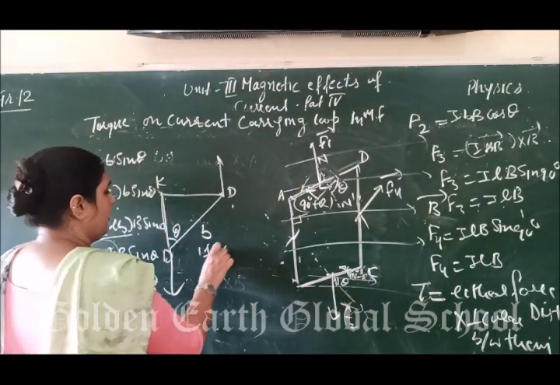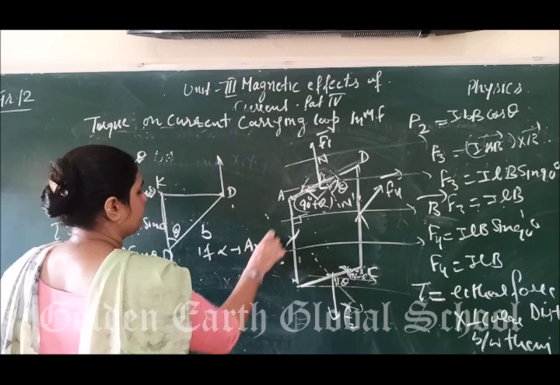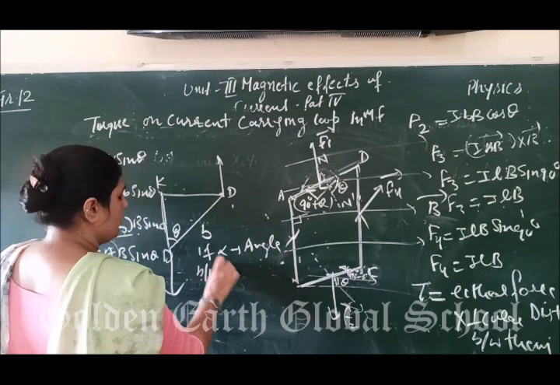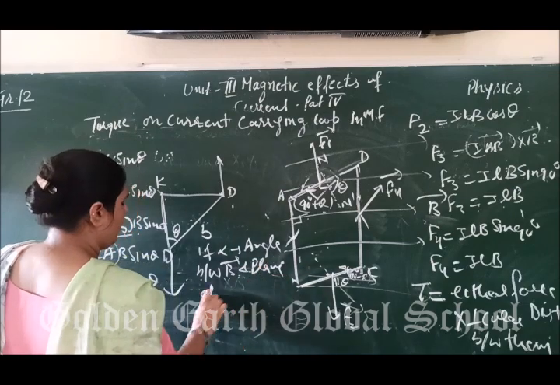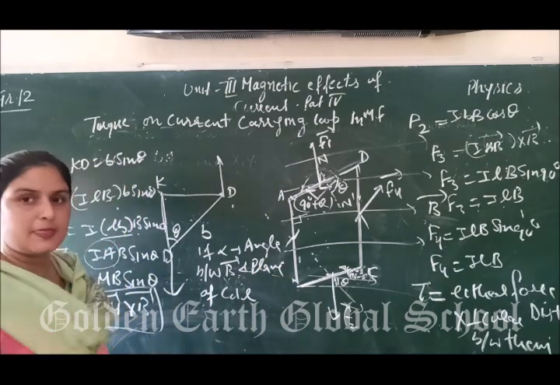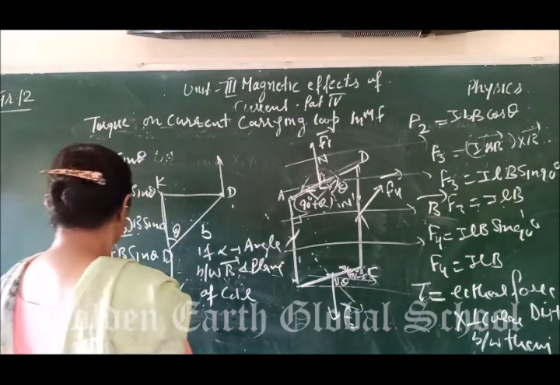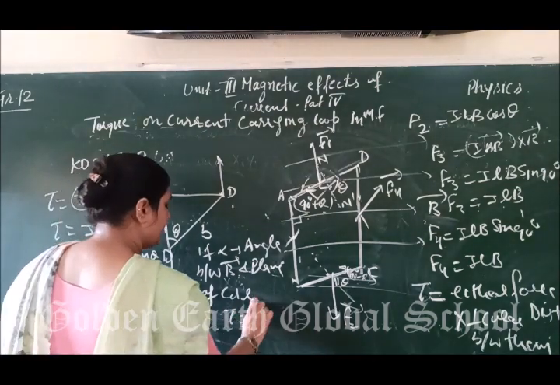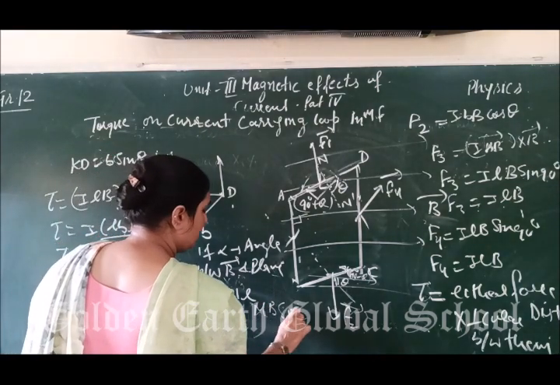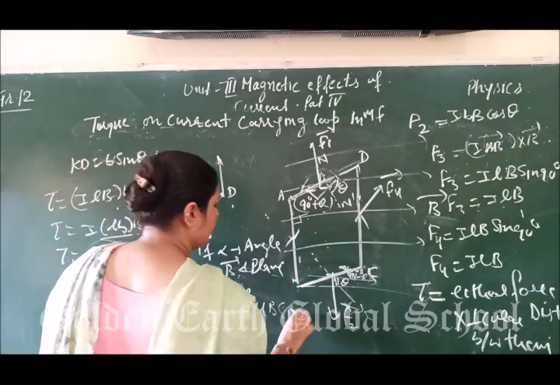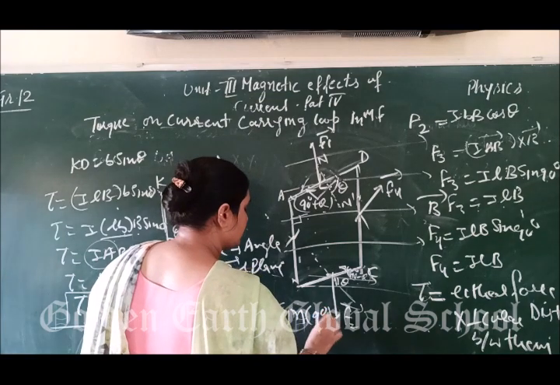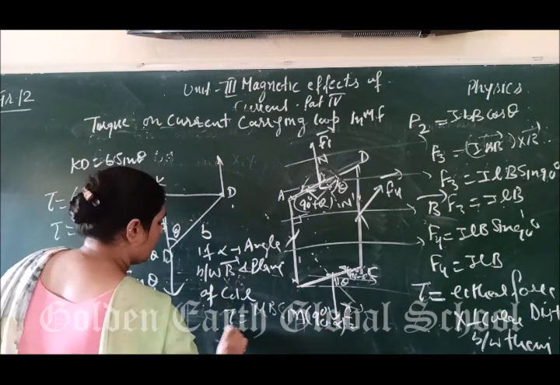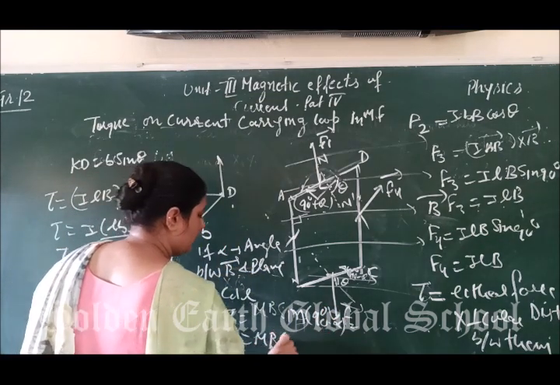Now if alpha is the angle between magnetic field B and plane of coil, in that case the torque will be written as MB sine of 90 degree minus alpha, or torque will be equal to MB cos alpha.